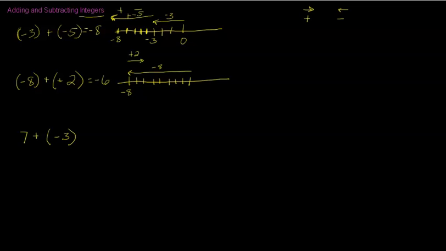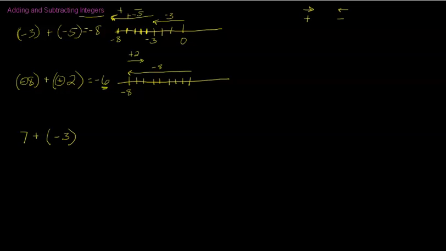Now, another way that you could figure this out is by looking at the two numbers. So you have a negative 8 and a positive 2. So they're different signs. This is a positive, this is a negative. So how much bigger is negative 8 than 2?